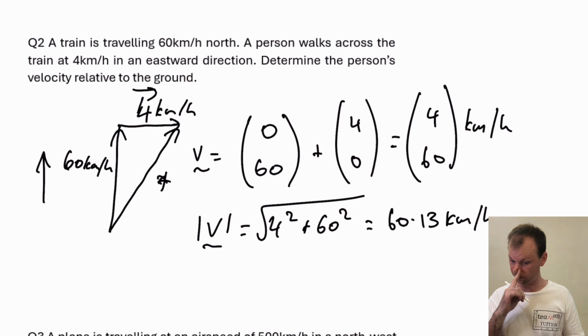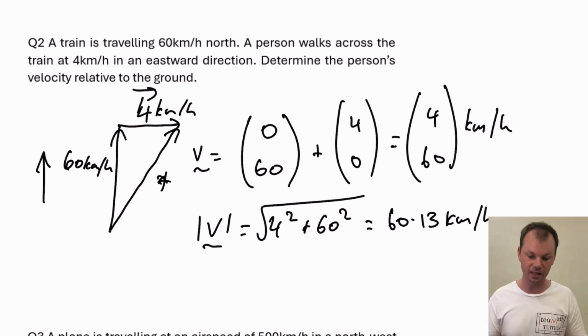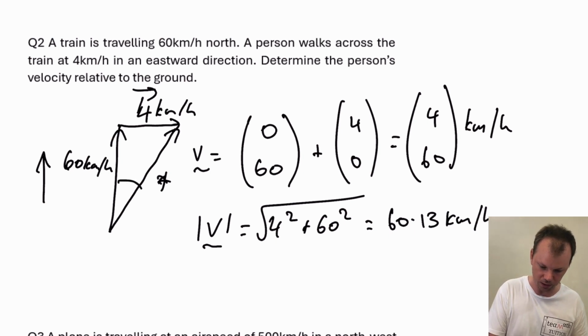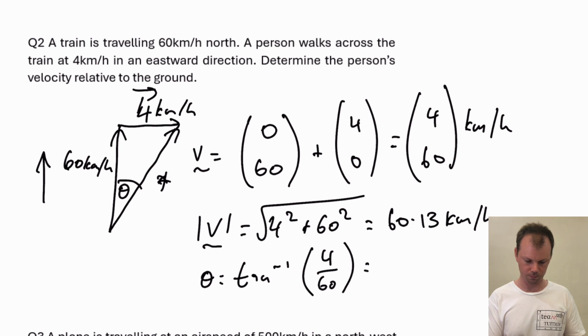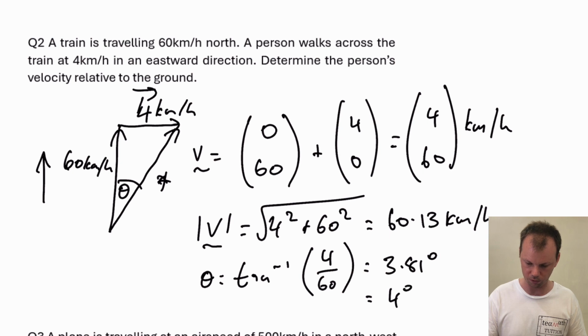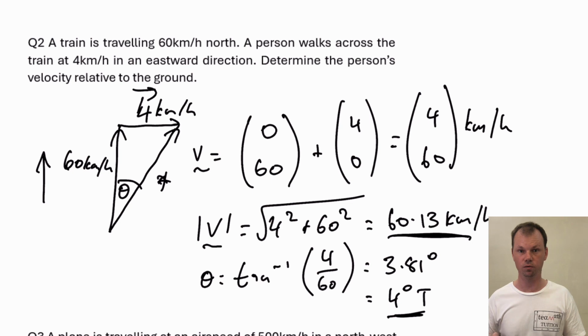This person is moving relative to the ground. We need their direction, so we're after this theta here. We get 3.81 degrees. And that's also the true bearing in this case, so it equals 4 degrees true. Okay, so we've got the magnitude and we've got the direction.